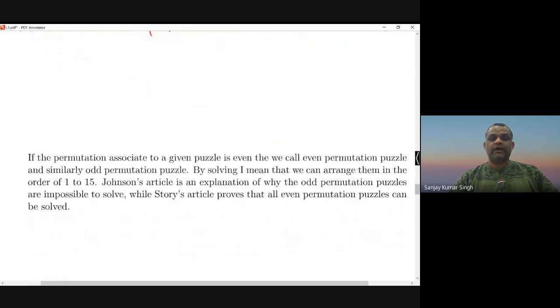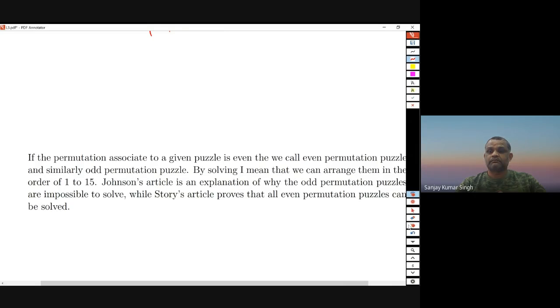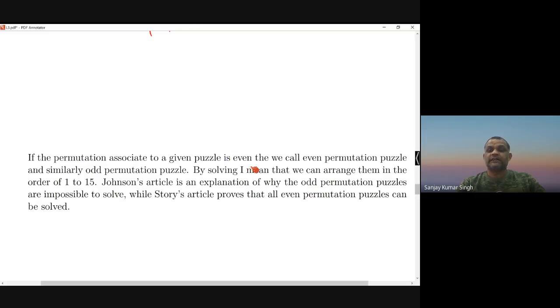So now I will define a game. For a puzzle game, if the permutation associated to a given puzzle is even, then we call it an even permutation puzzle, or similarly an odd permutation puzzle. By solving, I mean that we can arrange them in the order of 1 to 15. And Johnson's article is an explanation of why the odd permutation puzzles are impossible to solve.